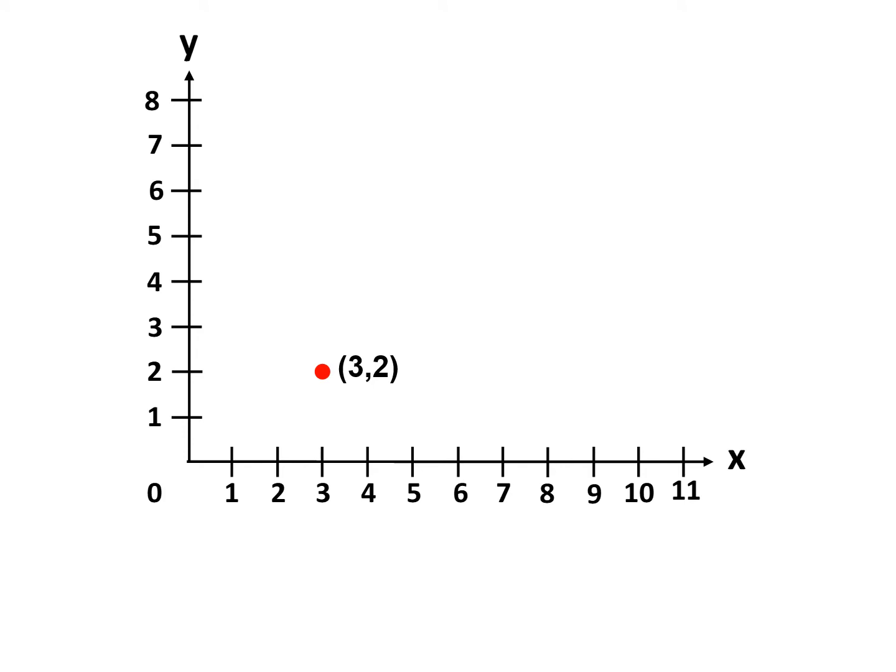Each point has a name. The name always consists of two numbers. In this case, the name of the point is (3, 2). Notice we write the two numbers inside parentheses, separated by a comma. These two numbers are called the coordinates of the point. They tell us exactly where the point is located on the scatter plot.